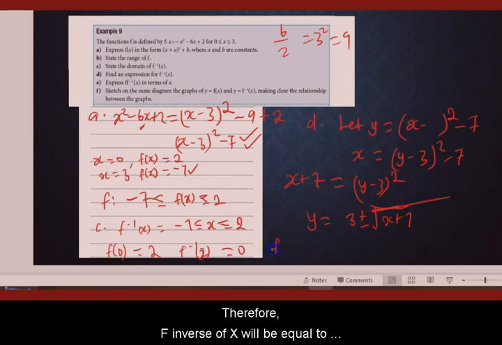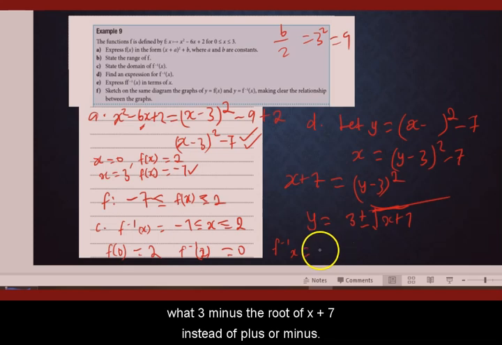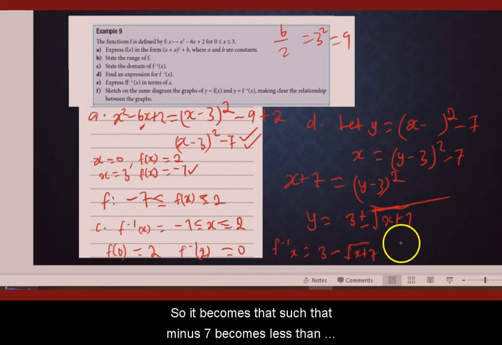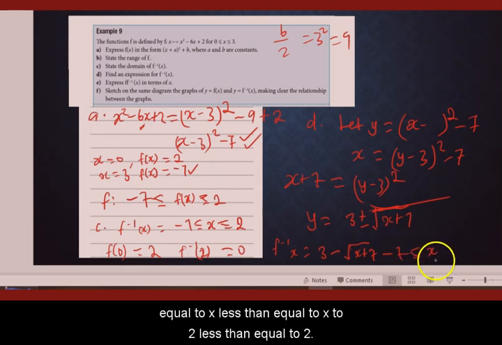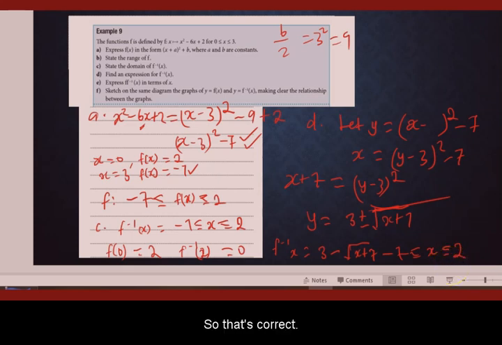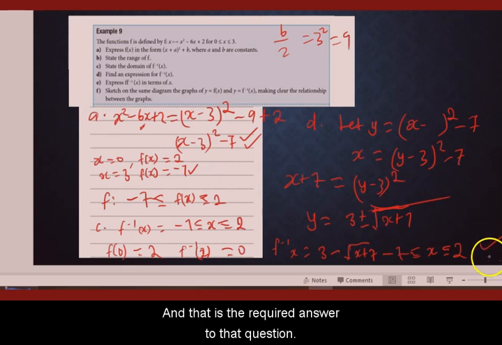Therefore, f inverse of x will be equal to 3 minus the root of x plus 7 instead of plus or minus, such that minus 7 is less than or equal to x, less than or equal to 2. That is the required answer to that question.